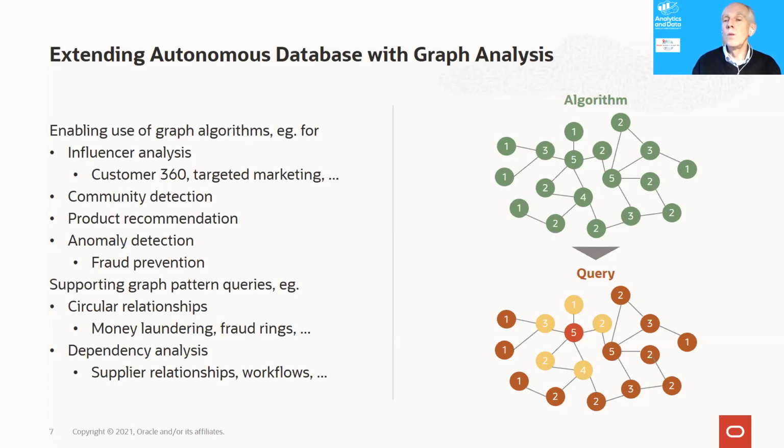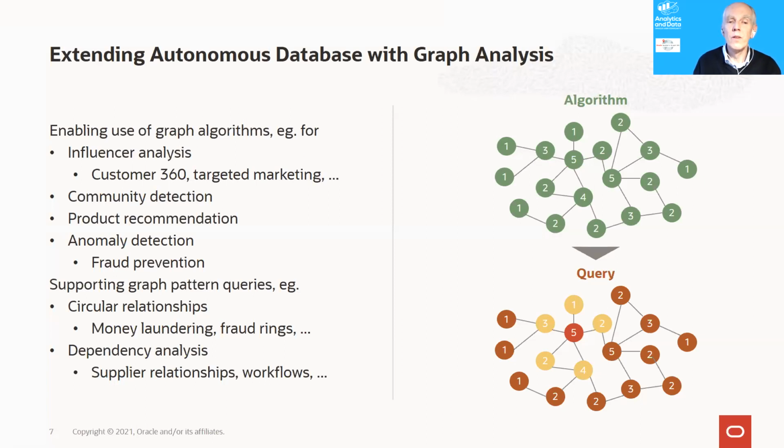And if you can find things which are particularly similar, then obviously you can also use that to find things which are particularly different, which brings us to the topic of fraud prevention, for example, where you are using graph analysis for the purpose of anomaly detection, right? Finding those outliers, which, if you just look at the immediate properties of an object, are not immediately visible. But if you look at the context, if you look at how these things are indirectly connected, then you would find that there is something dodgy about it.